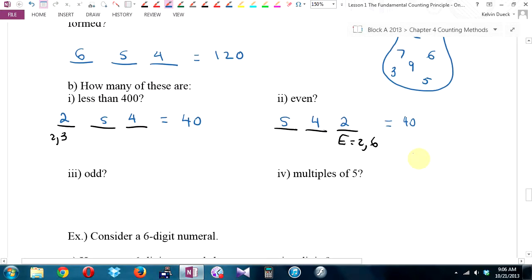Odd. By the way, I'm pretty sure the answer for odd is going to be, there's 120 grand total, 40 of them are even, I think 80 of them are odd. I could get there by just intuitively subtracting, but let's prove it. How many blanks am I going to draw? 3.